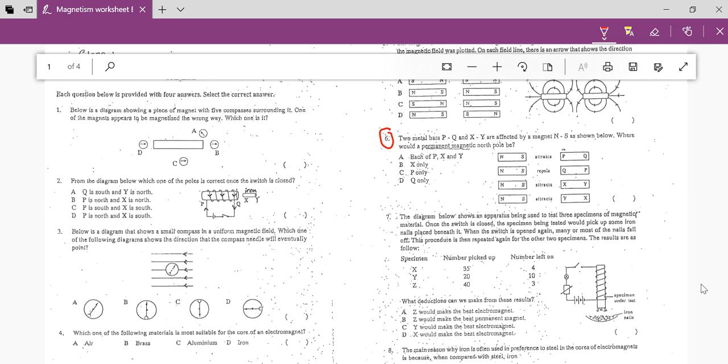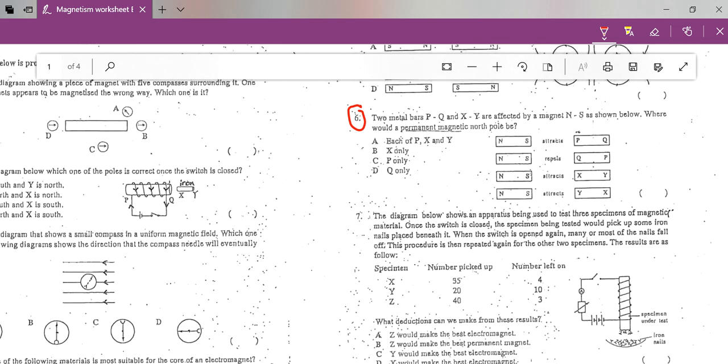So, 2 bar magnets come near to each other. Let me enlarge this. Where would a permanent magnetic north pole be? That means this piece of object PQ or XY has got to be a permanent magnet, and it has got to be a north pole.